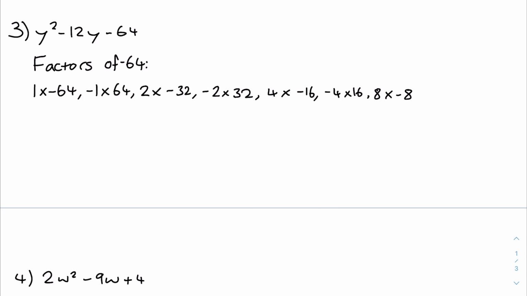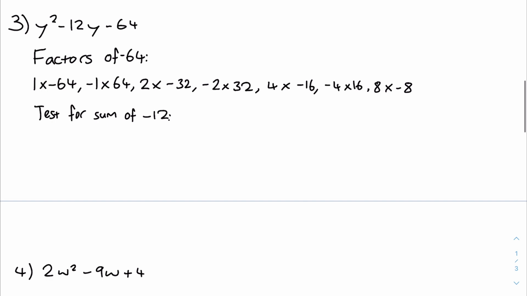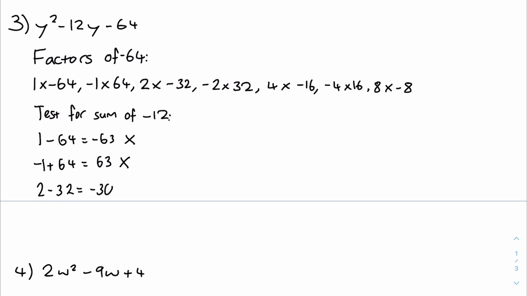I'm only going to do one variation of this because the other one will be the same answer. Okay, so now we'll test for the sum of minus 12. First of all, 1 minus 64 equals minus 63, not the one we're looking for. Minus 1 plus 64 equals 63, not the one. 2 minus 32 is minus 30, not the one.